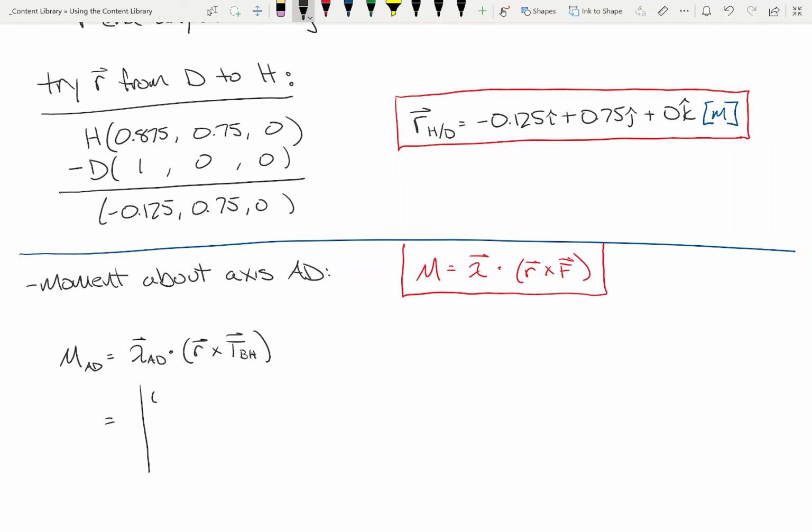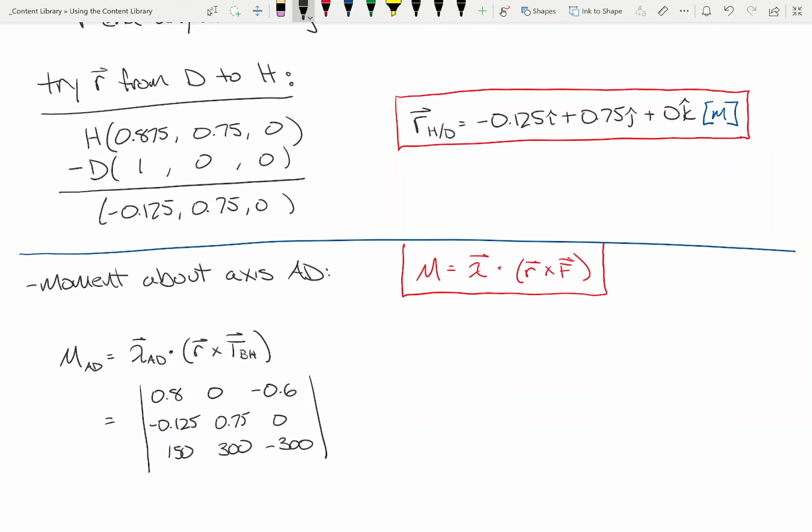So 0.8, 0, 0.6, is to do it like that. And how do we do this? We do it the same way that we did the other ones.